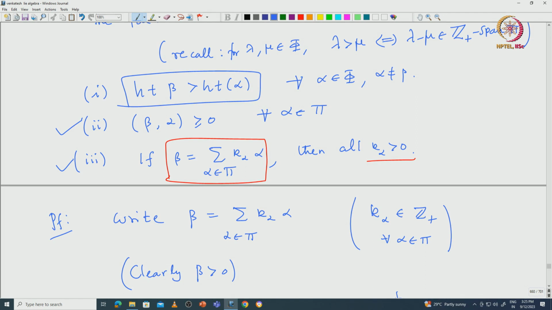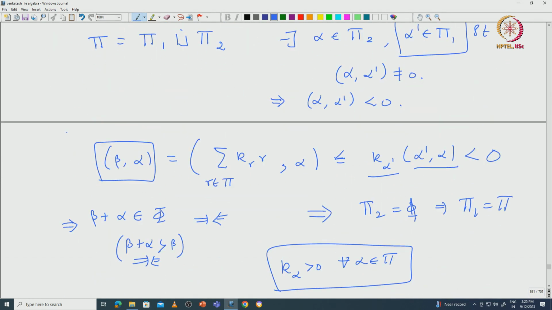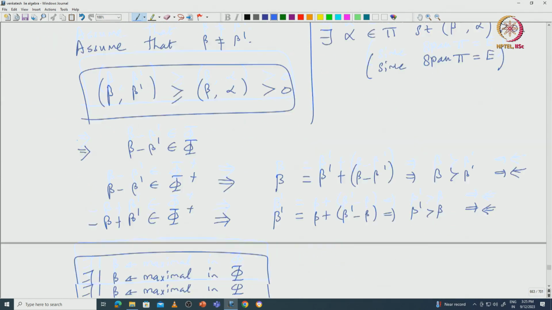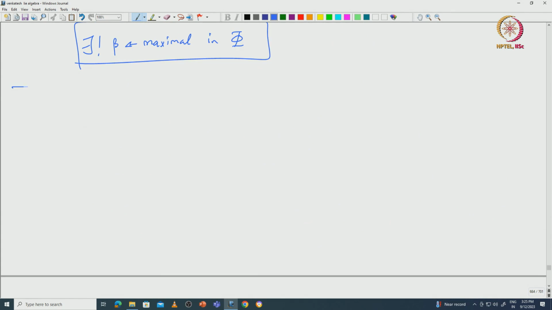Since beta is not equal to alpha, and beta minus alpha is a sum of positive roots, the height of beta must be strictly greater than the height of alpha for all alpha not equal to beta. That proves the first condition. In particular, we have this unique maximal root.